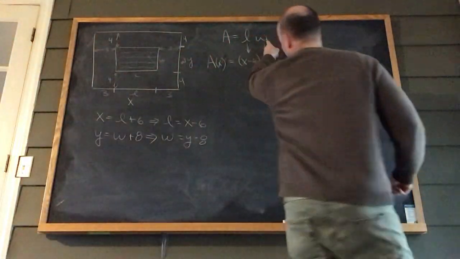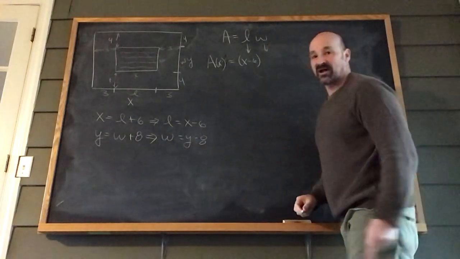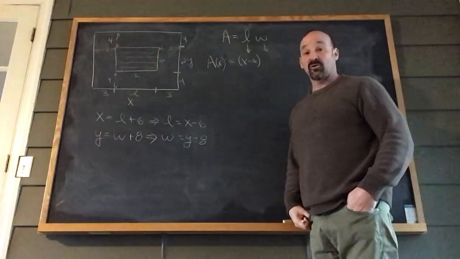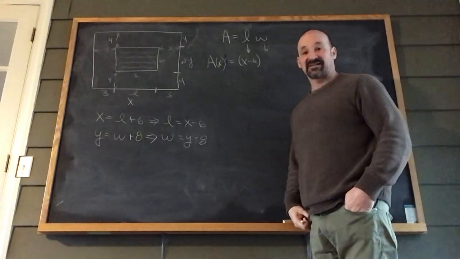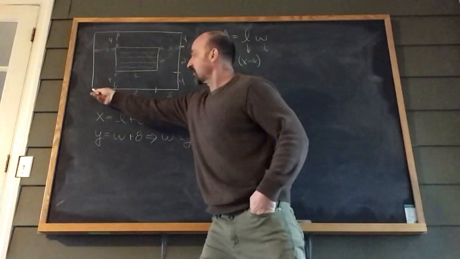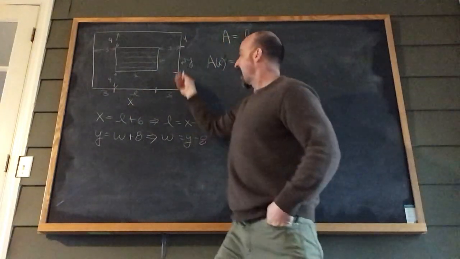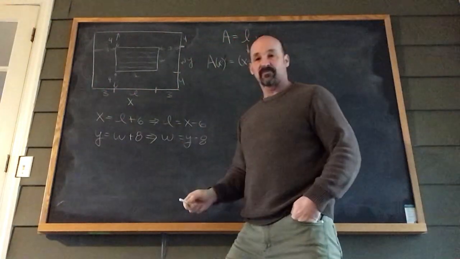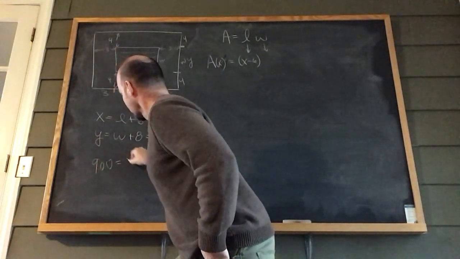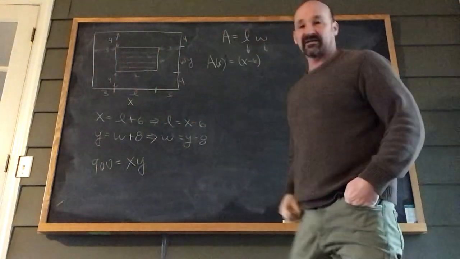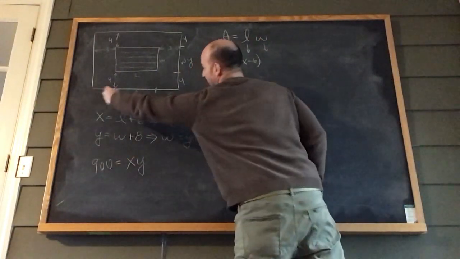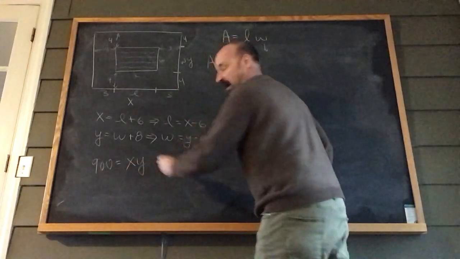Okay, well, we've written W in terms of y, but I've got to write it in terms of x. So is there a relationship between x and y? And yeah, there is. The problem said that the area of this billboard is 900 square feet. So 900 is equal to x times y. The area is 900, and the area of that billboard would be x times y.